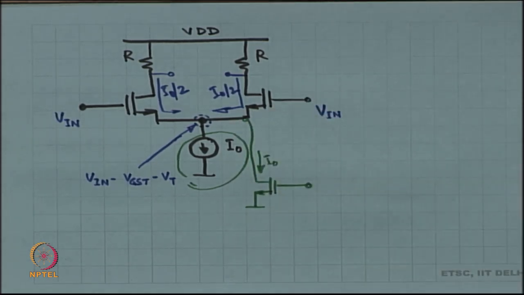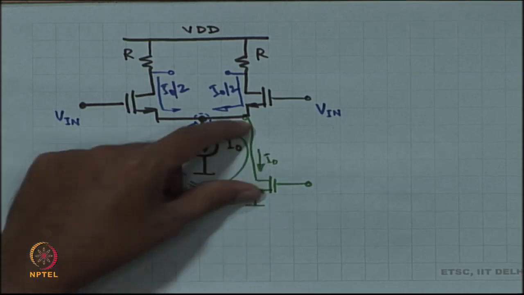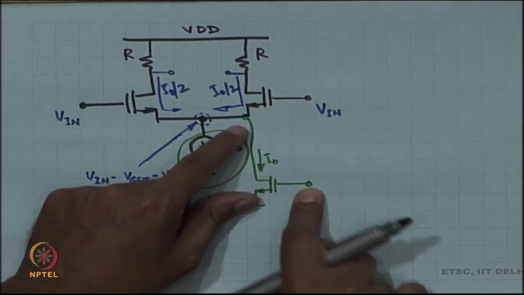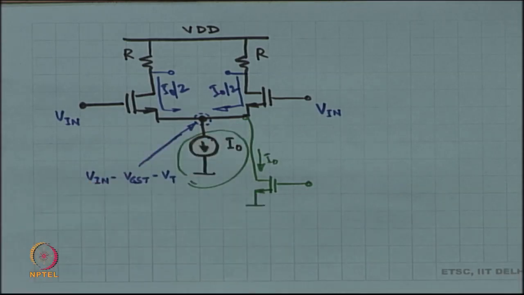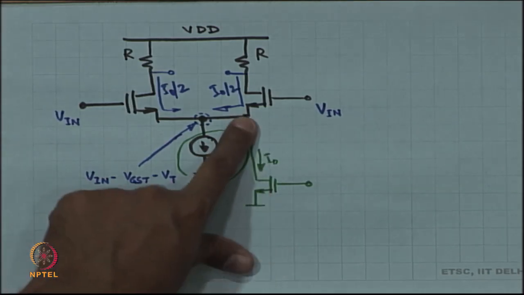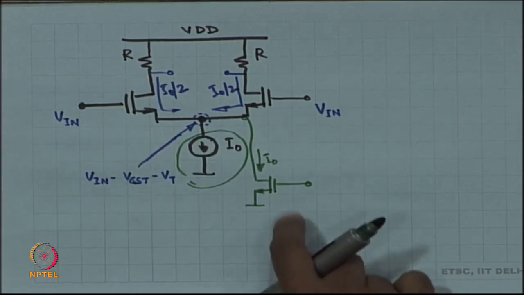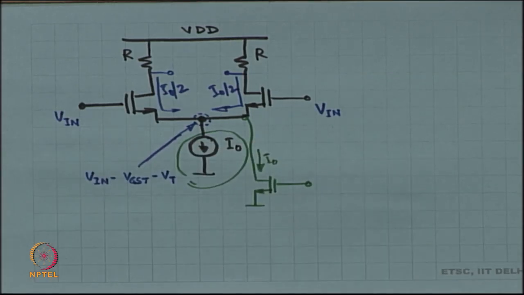It cannot go to arbitrarily low voltages, it can go to higher voltages, not lower voltages. So, this could be anything which is above VGST of this MOSFET, right, any higher voltage is acceptable, not lower. So, it behaves like a current source as long as this voltage is higher than VGS minus VT of this green MOSFET. Is this okay?